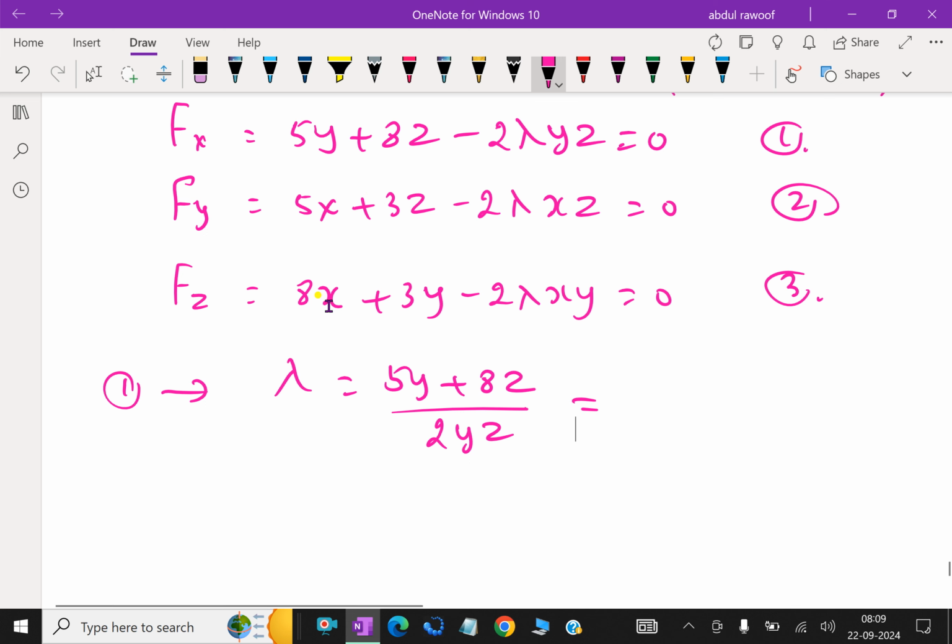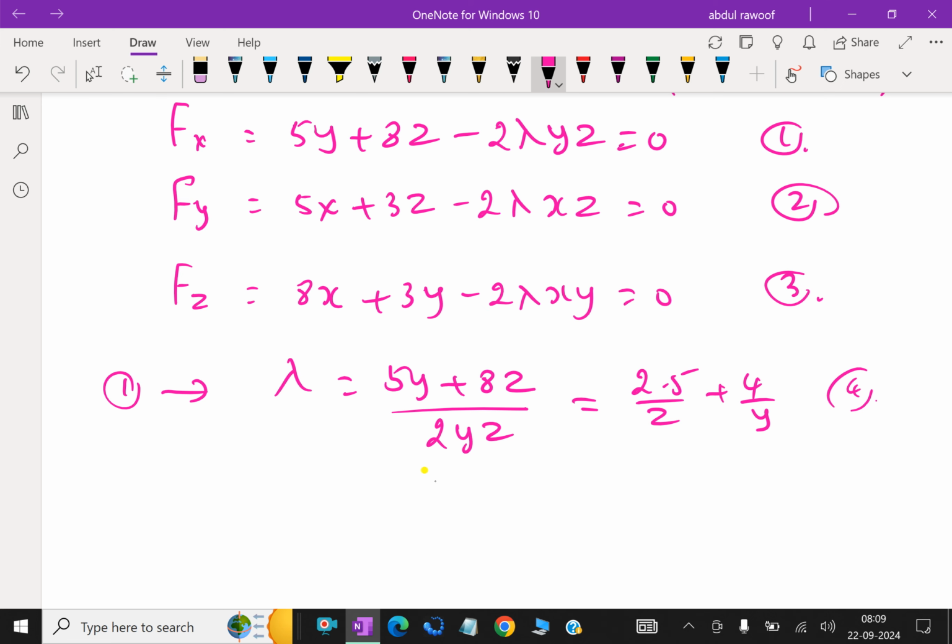Dividing throughout, it becomes 2.5 over z plus 4 over y. Let this be equation 4.